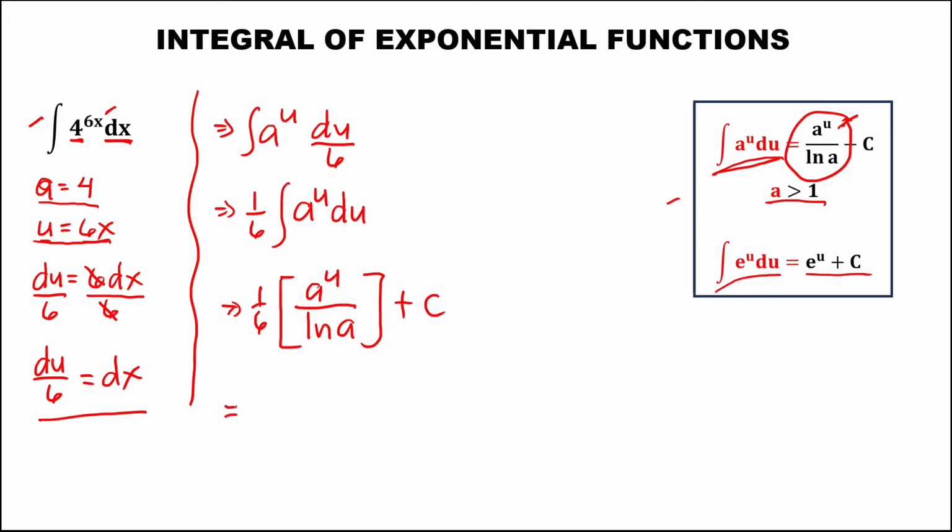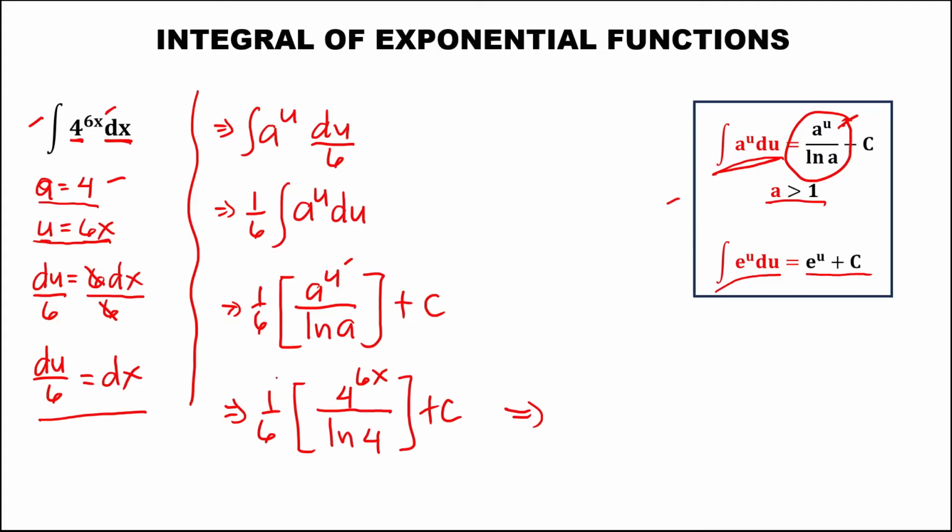Then replace the values for a and u. So this is 1 over 6 times, a is 4, so 4 to the power u, and u is 6x, over ln a, which is 4, plus c.